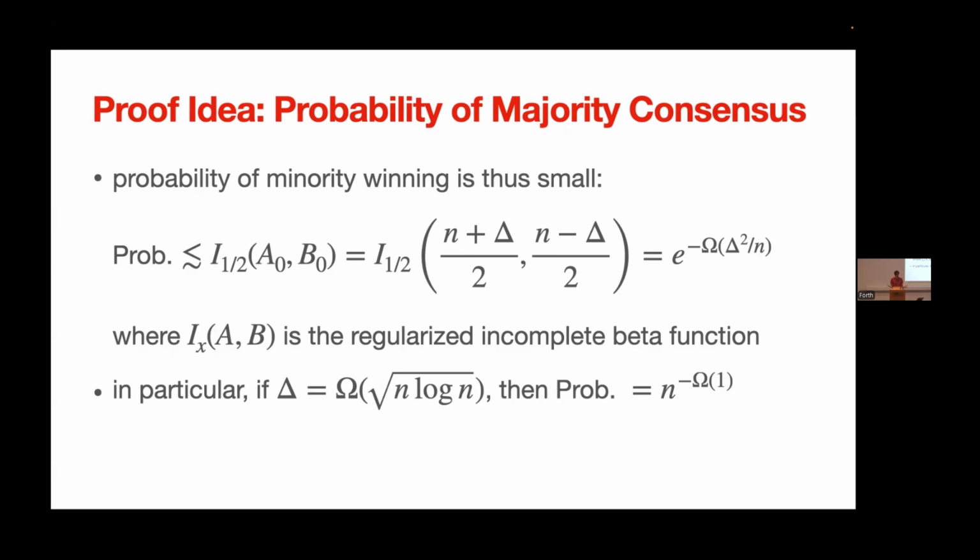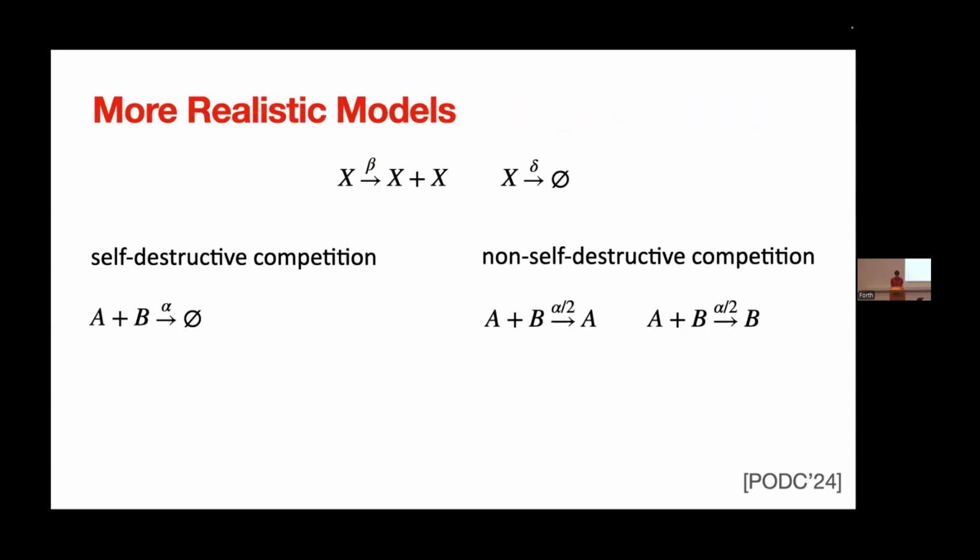So the error is bounded by 1 over a polynomial. So this proves that the gap you need is only square root of n. It's not linear as you might imagine, but just square root of n, which is good news.